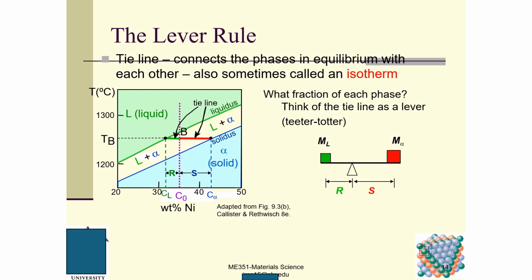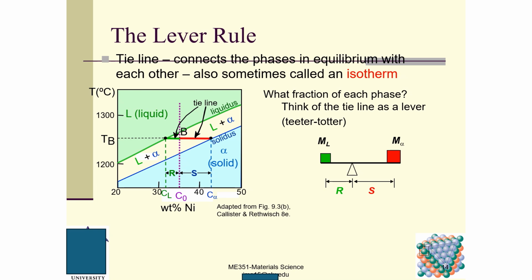This line is called a tie line, and this is the lever rule. It connects the phases in equilibrium with each other, and is also sometimes called an isotherm. Isotherm means the same temperature. And what is the fraction of each phase? Think of the tie line as a lever, with R and S here.